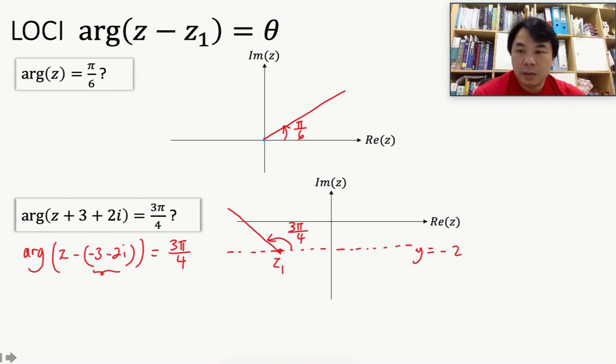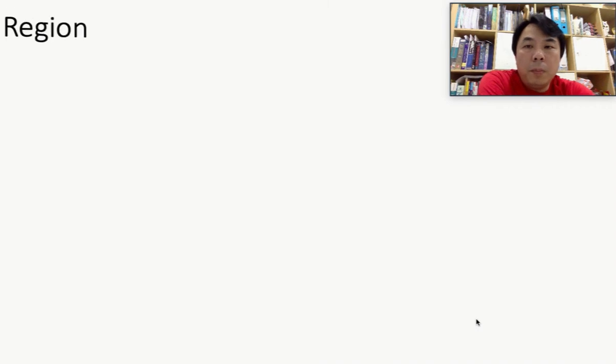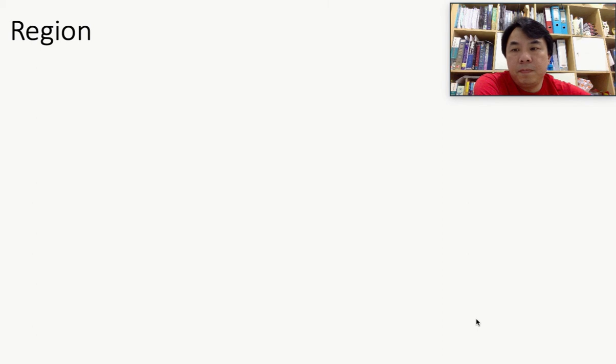Okay, right. Lastly, we're going to combine all the locus together, and then try to figure out which region all these locus are actually representing by looking at regions overlapped by all these locus. Right?